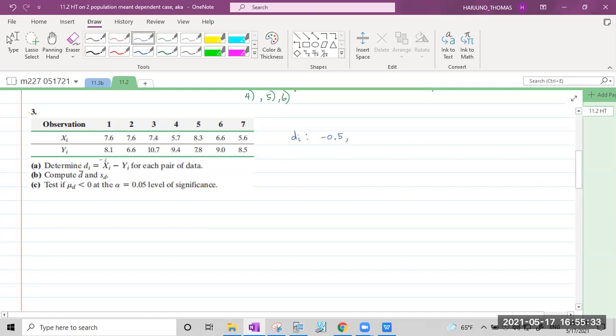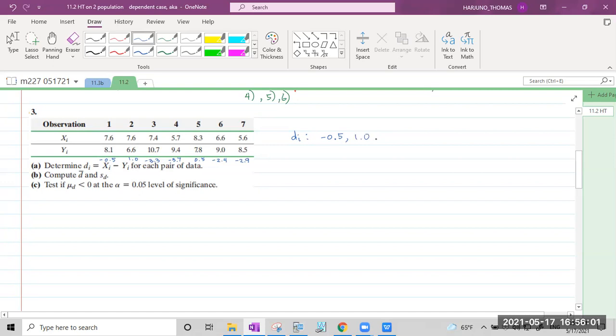Maybe I do it here, negative 0.5. This is 1.0. This is negative 3.3, negative 3.7. This is 0.5, negative 2.4, negative 2.9.